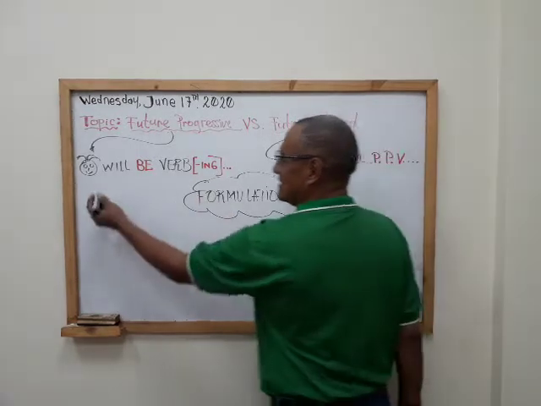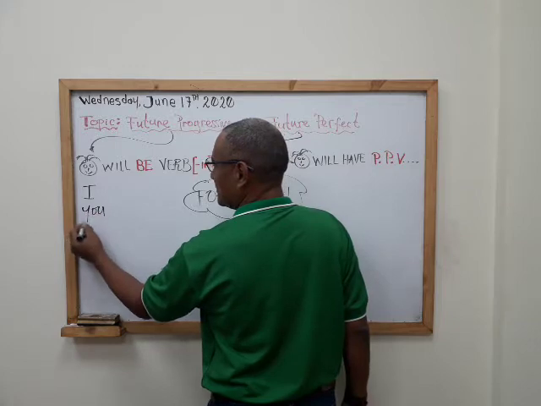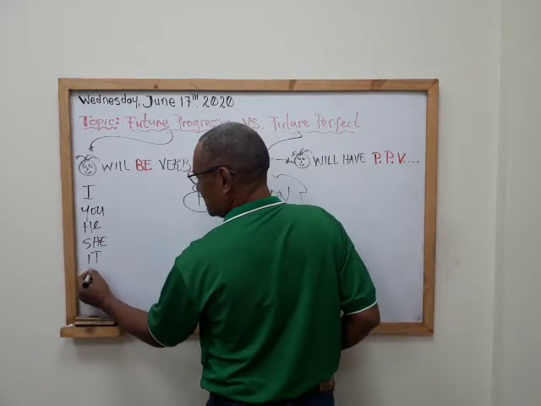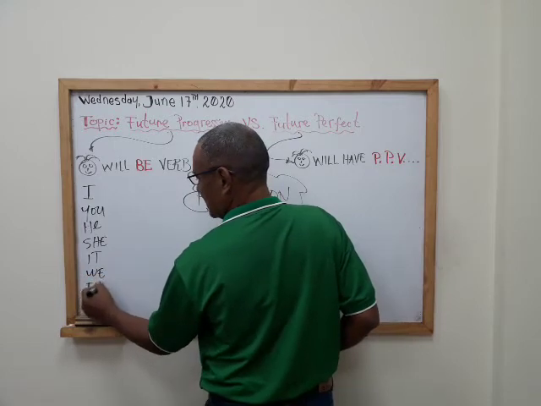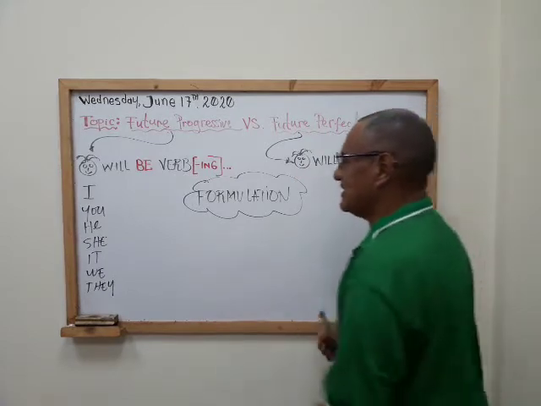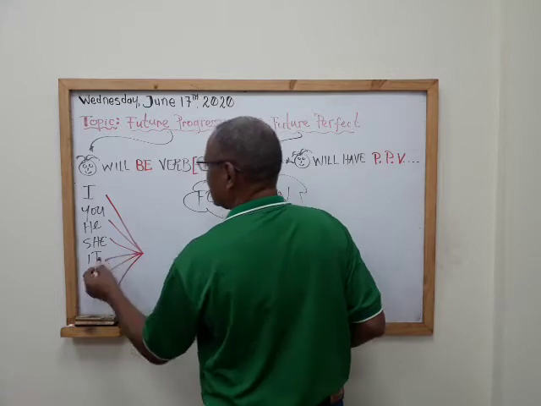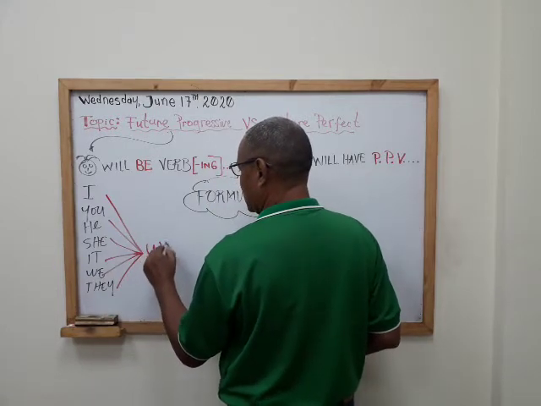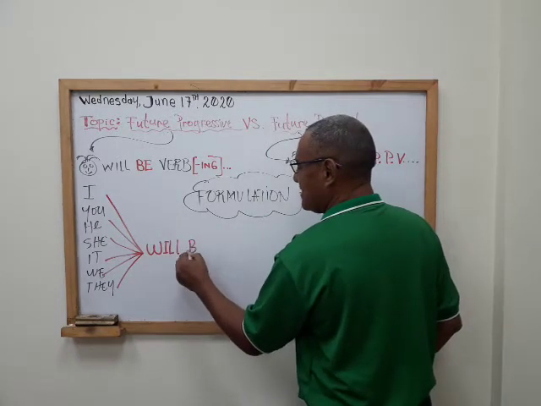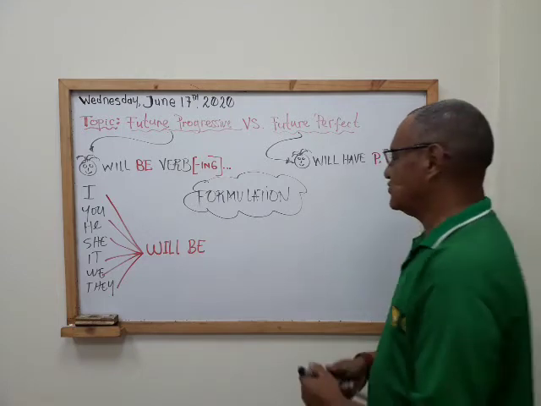Then the subject: I, you, he, she, it, we, and they, for all of them. After that we place will, then be.